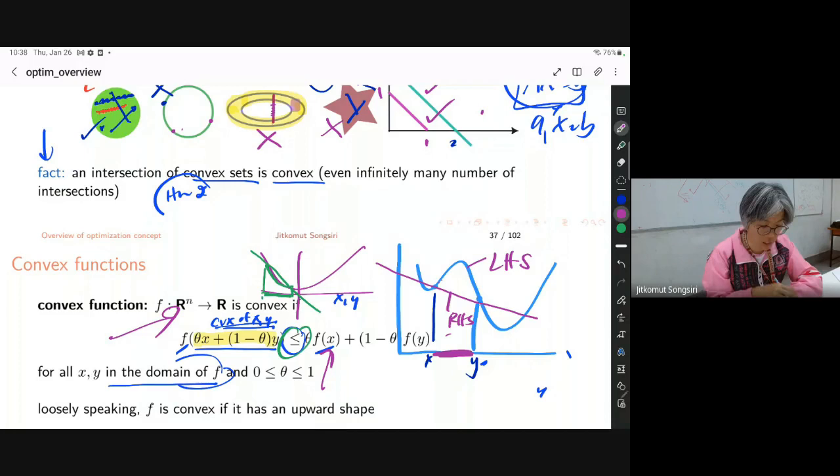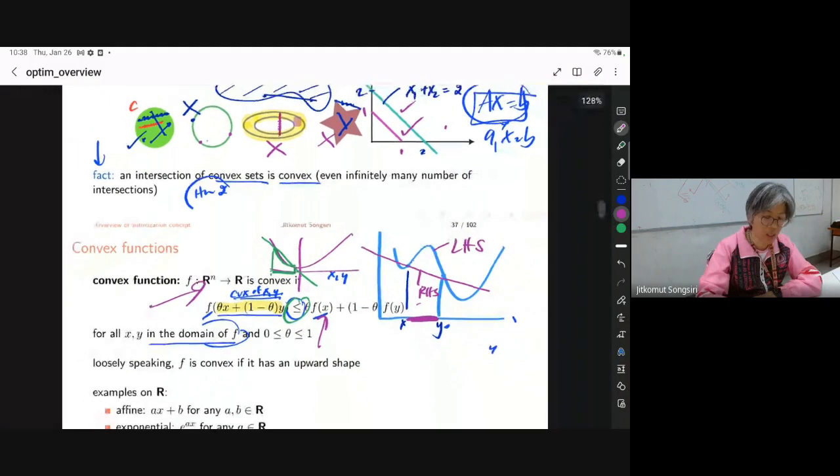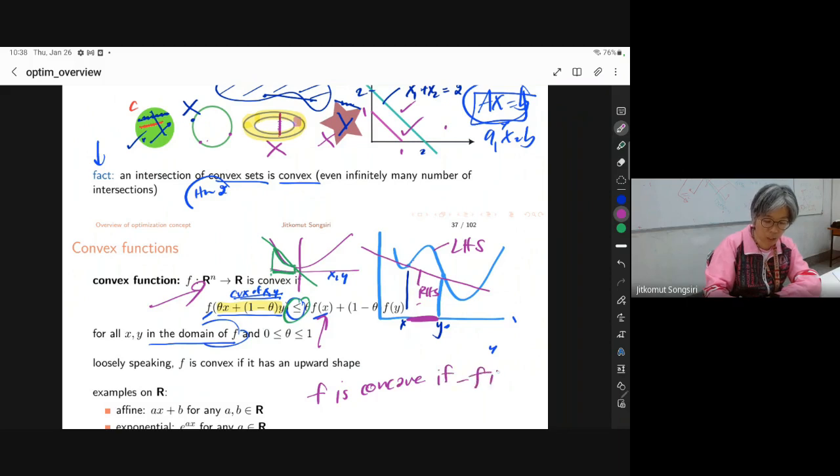So this is the concept of a convex function. Geometrically, loosely speaking, if it's one dimensional, a scalar function, a convex function has an upward shape. A related definition: f is called concave if minus f is convex.